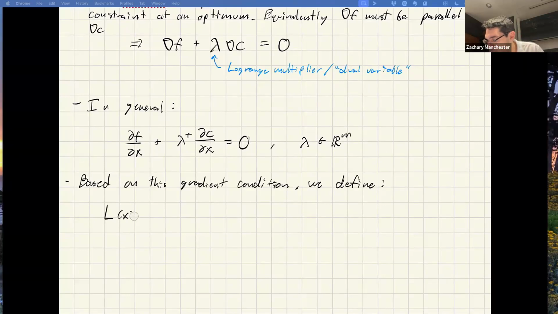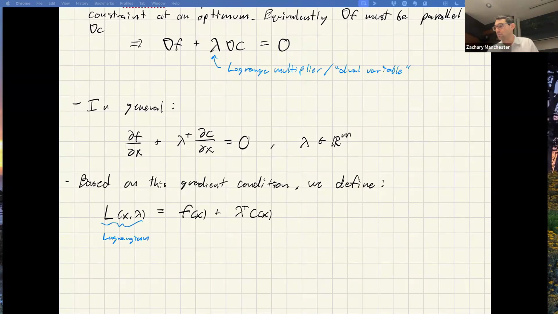That's a function of both the x, which we call the primal vector, and the lambda, which we call the dual vector, dual variables. And this thing is our original function that we're minimizing, f of x plus lambda transpose c of x. So this thing basically stuffs your objective, your constraints and your Lagrange multiplier all together in this one scalar valued function. It's called the Lagrangian.